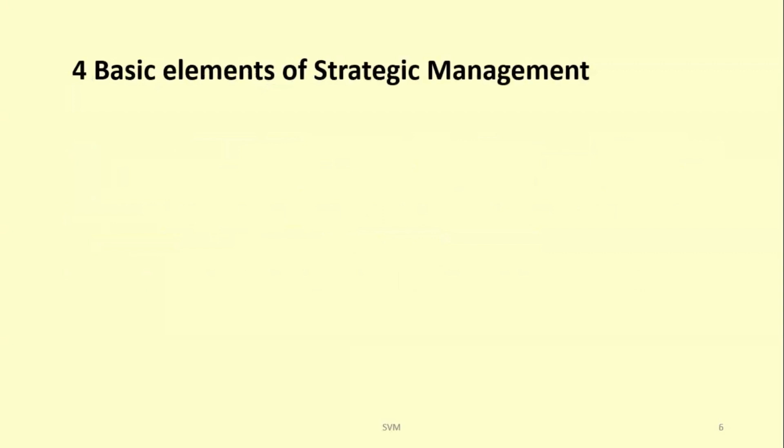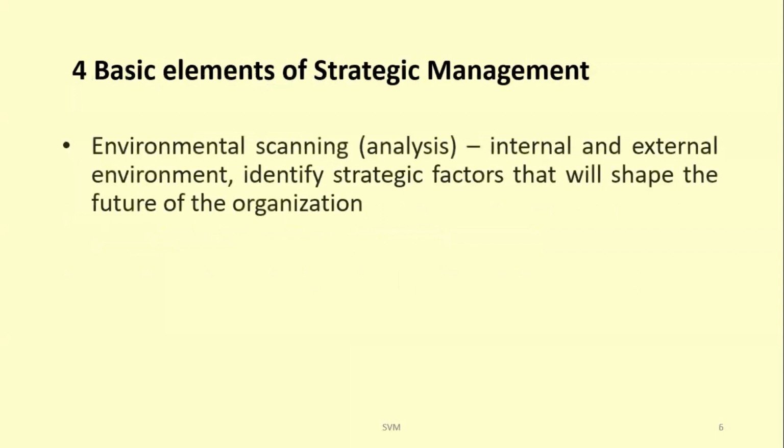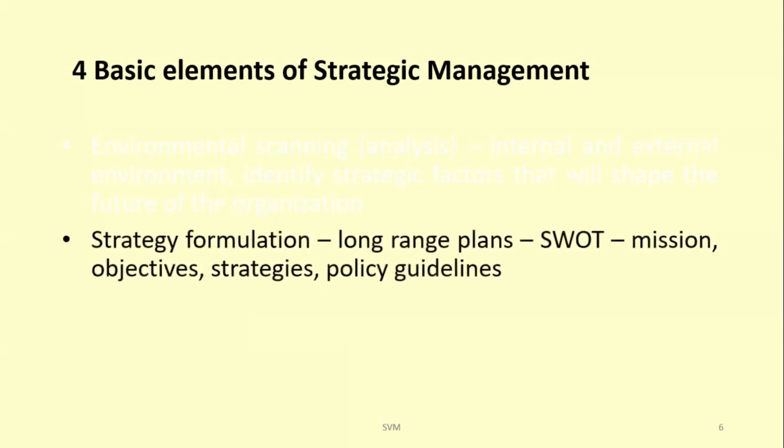Four basic elements in strategic management are: first one, environmental scanning or environmental analysis, means the surroundings, internal and external environment. So you try to identify the strategic factors which will shape the future of the organization. For that, you do this environmental scanning. Then comes your strategy formulation, means your long-range plans.